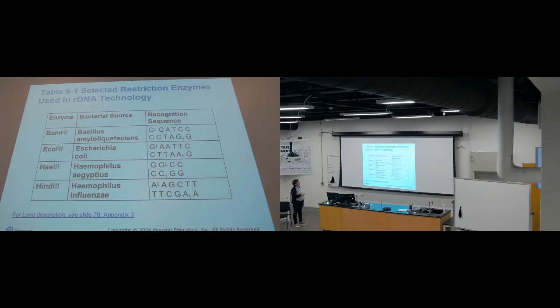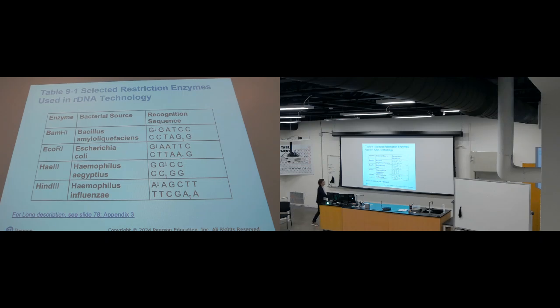So BamHI comes from Bacillus amyloliquefaciens, EcoRI from E. coli, HaeIII from Haemophilus aegyptius, HindIII from Haemophilus influenzae. And typically the Roman numeral means that it was either the first discovered, second, third, etc.